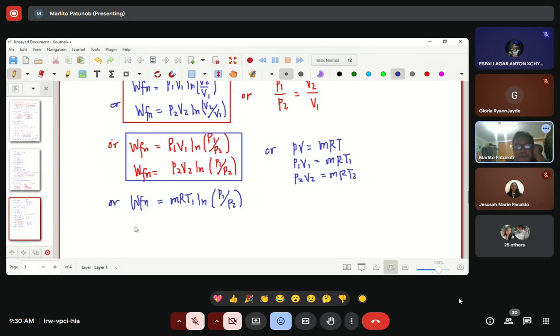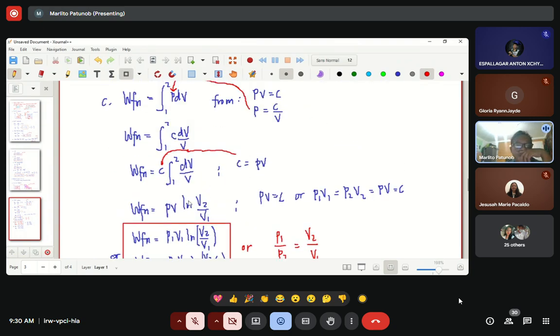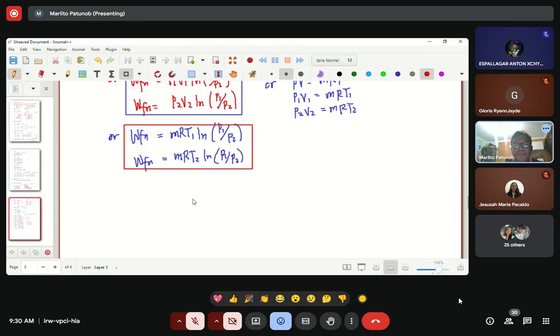Or work length flow equals MRT2 ln P1 over P2. So you can have that relationship depending on what is given. Okay, so that is for the work length flow.